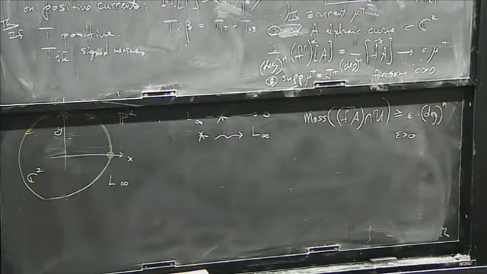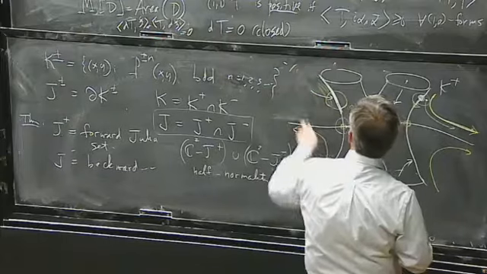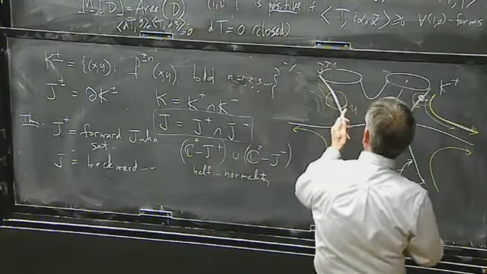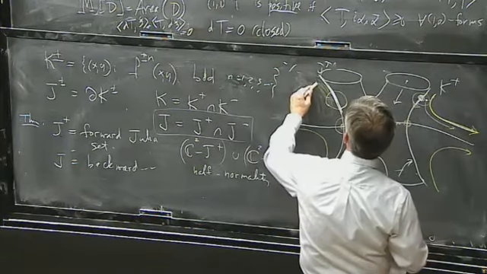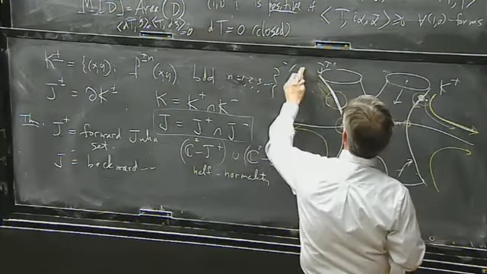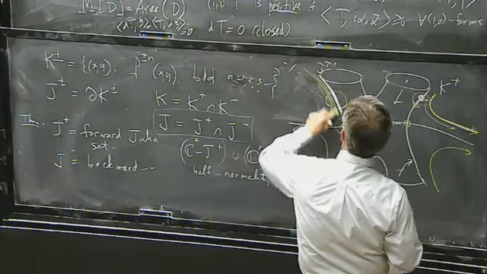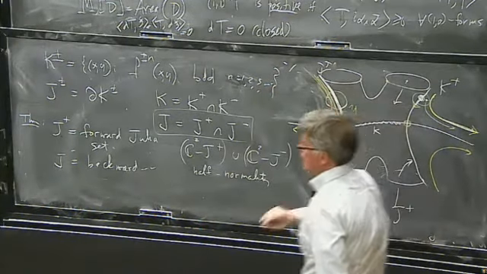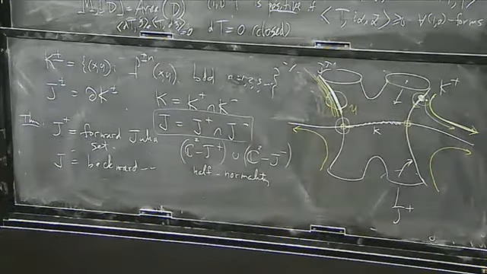In other words, what does my algebraic curve have to be doing here? This is J plus here. My algebraic curve needs to put some mass on U, so the amount of area that is on U has to be at least this much. Okay?